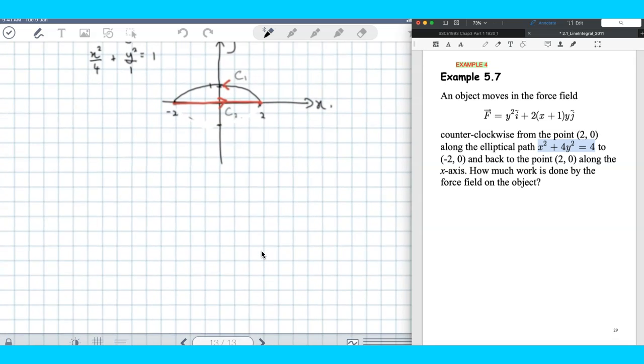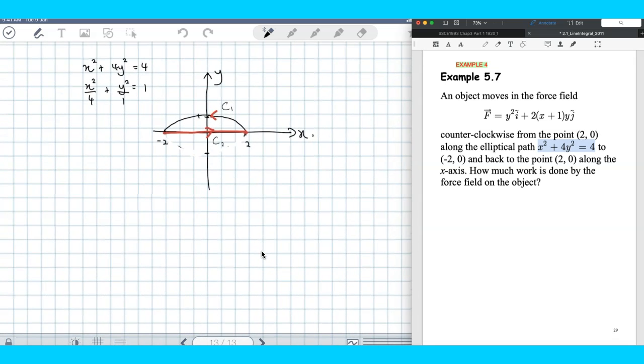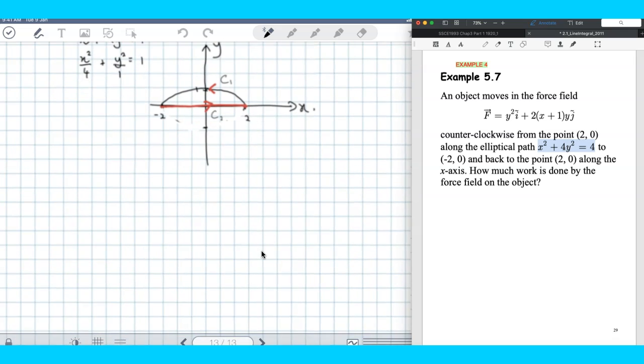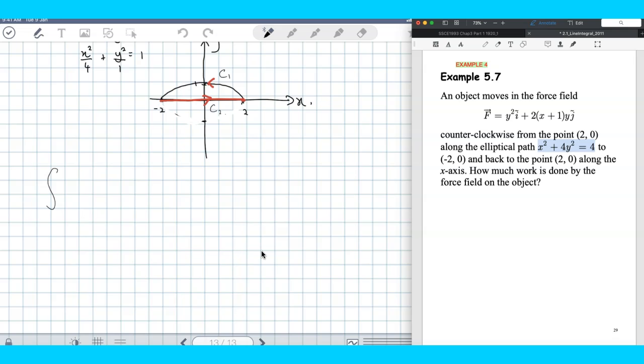Okay, so we want to evaluate the work done by the force field. We know that the formula of the work done, W, along the curve is given by the integral of F dot dr. Since we have two curves, we have to compute them separately along C1 and along C2.